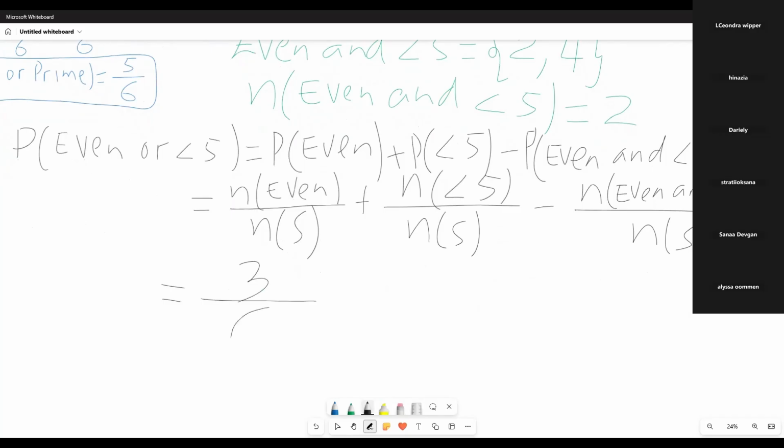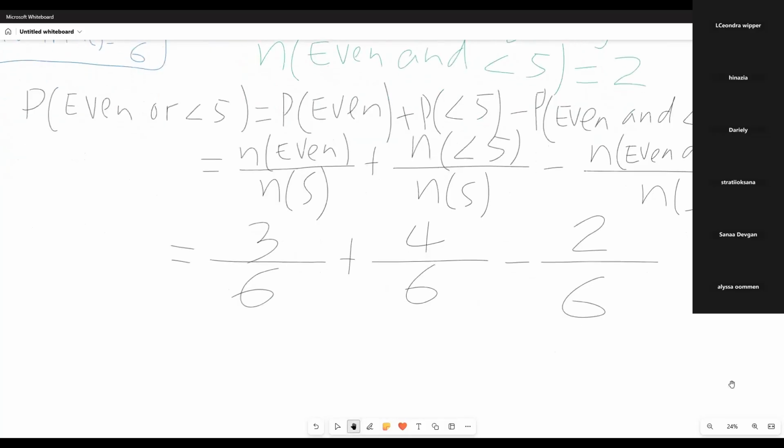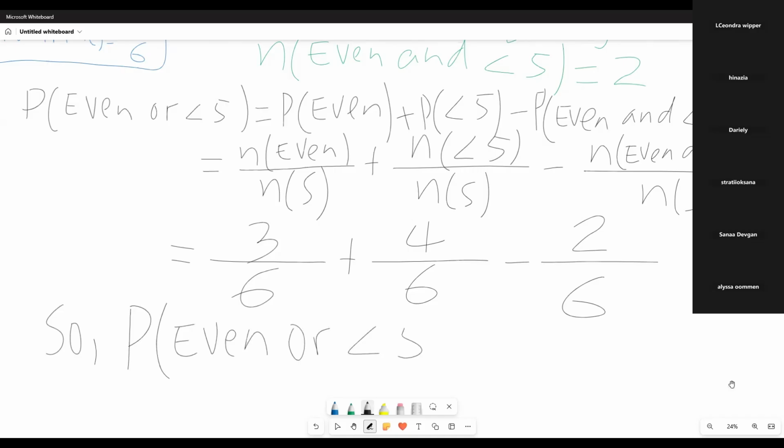N of S is 6. Less than 5 is 4 over 6, minus n of even and less than 5 is 2 over 6. So P of even or less than 5 would be 5/6.